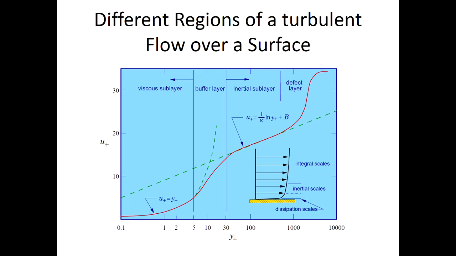Likewise, they take this low velocity flow near the wall, and the same eddies transport it out there, making this region relatively slow flowing. So we call that the defect layer. So the viscous sublayer is very, very close to the wall, then the buffer layer, the inertial layer, and the defect layer.